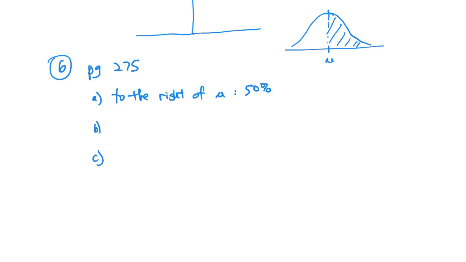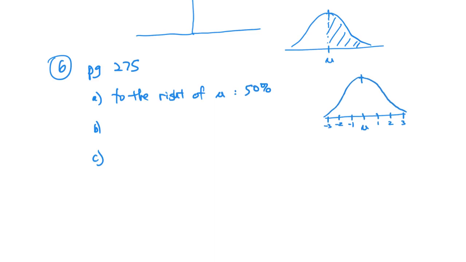Then part B says between mu minus 2 sigma and mu plus 2 sigma. Okay, so that's another pretty basic one. So we've got our normal curve, and we've got mu, and then we basically have 1, 2, 3. This would be mu plus 1 standard deviation, mu plus 2 standard deviations, mu plus 3. And then the same thing over here: mu minus 1, minus 2, and minus 3.